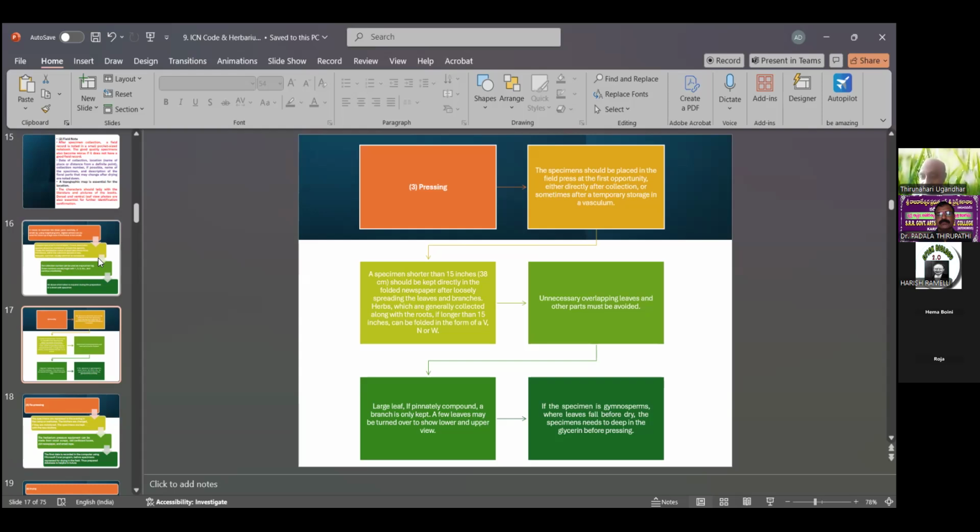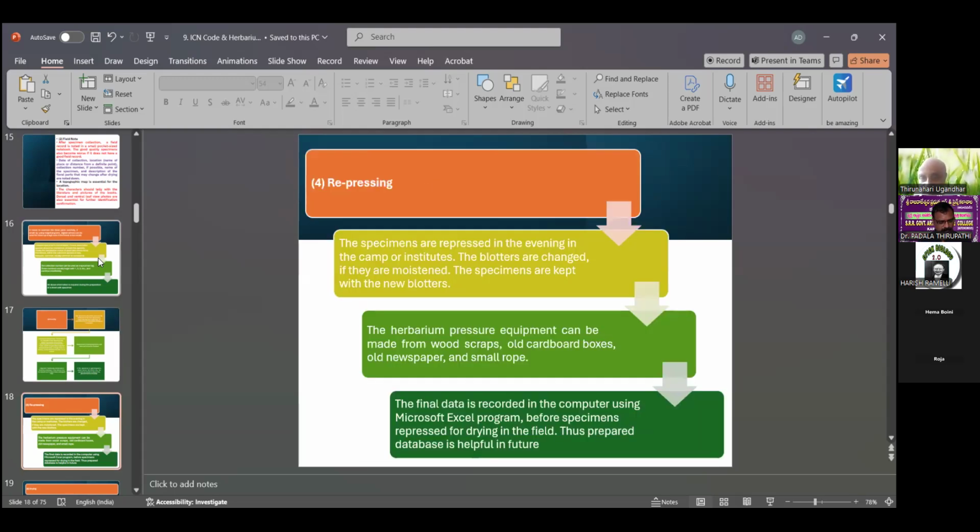Also, if the specimen is a gymnosperm where leaves fall before drying, the specimens need to be dipped in glycerin before pressing. Glycerin is used only for gymnospermic plants.